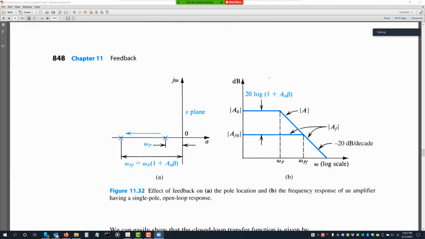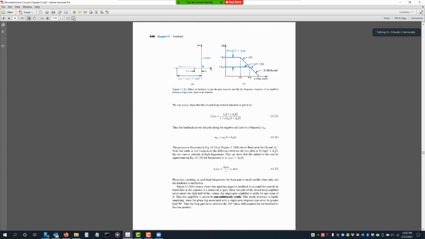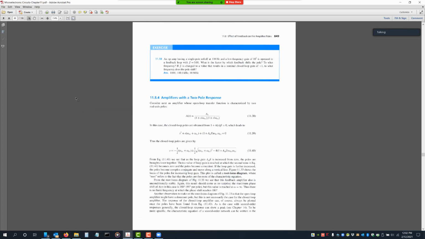All right, so let's see. I am not covering 11.8.4 and 5 because, as you can imagine, there's no reason not to have amplifiers with 2 poles, but we're just saying that we only have one.